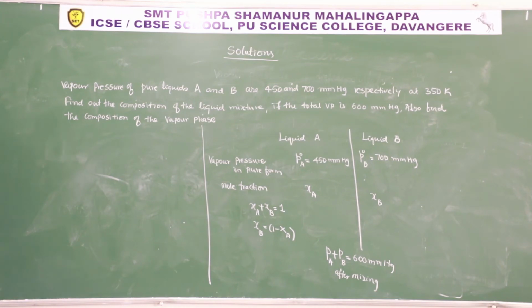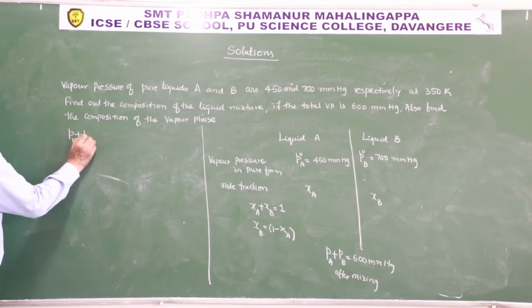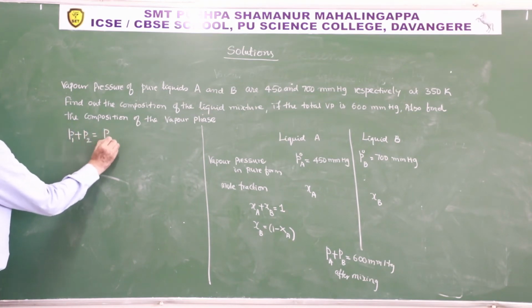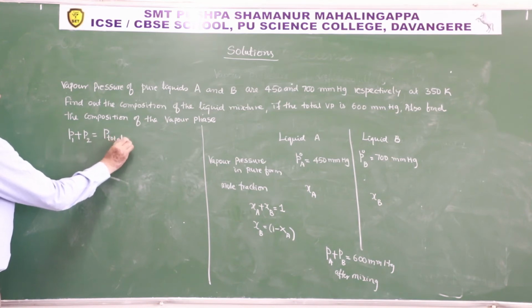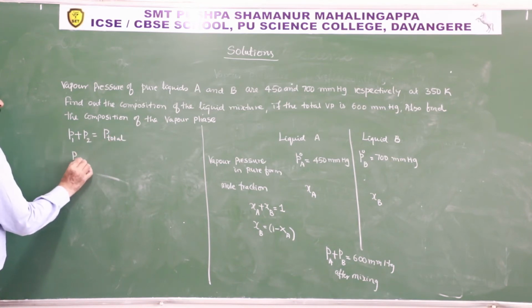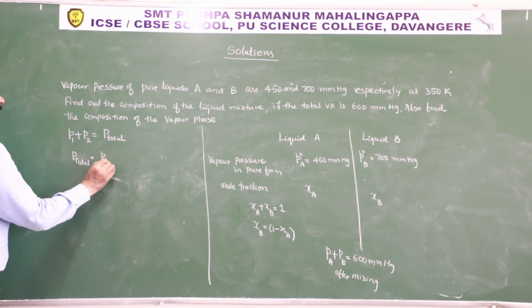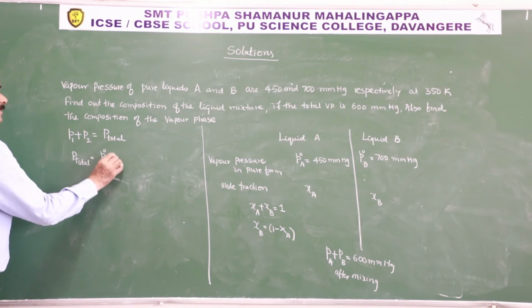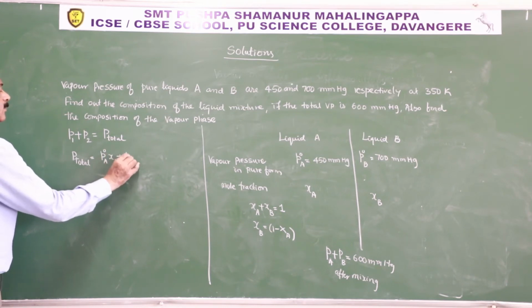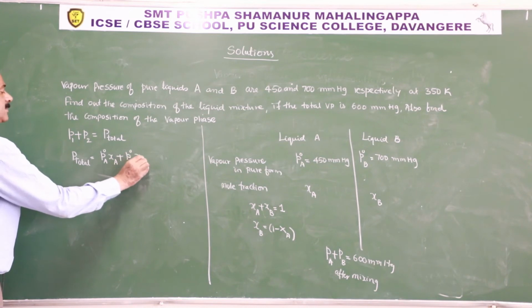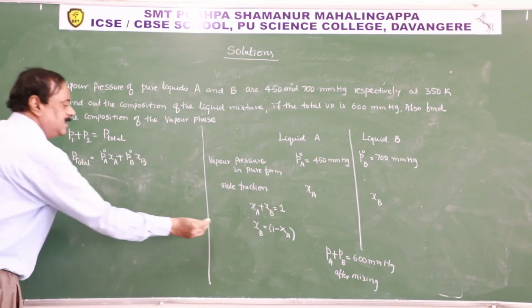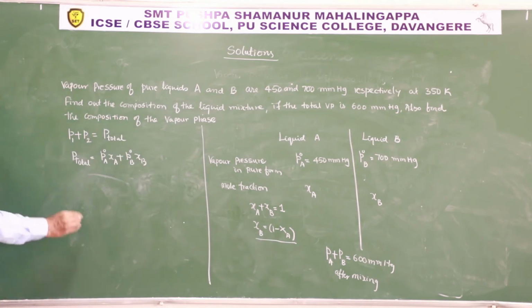Now, according to Raoult's law, P total is given by P1 plus P2. Therefore P total is given by P naught A into XA plus P naught B into XB. But you know that XB is equal to 1 minus XA.